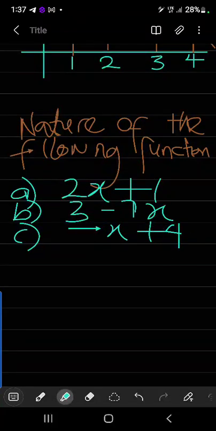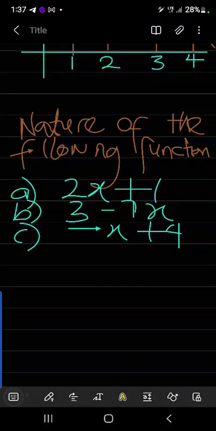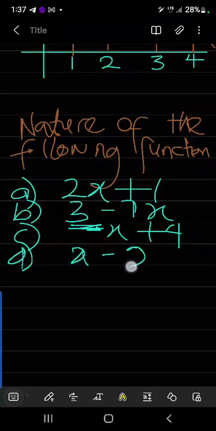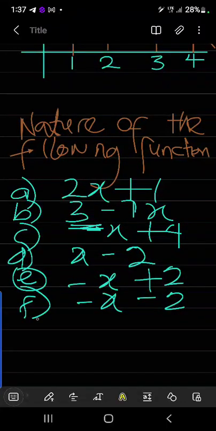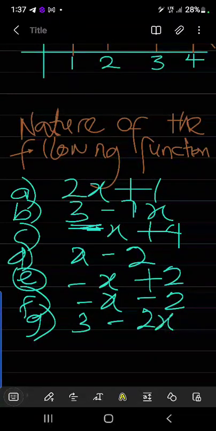Another one, x minus 2. Another one, minus s plus 2. Another one, minus s minus 2. Another one, 3 minus 2x. So tell me the nature of the following functions.